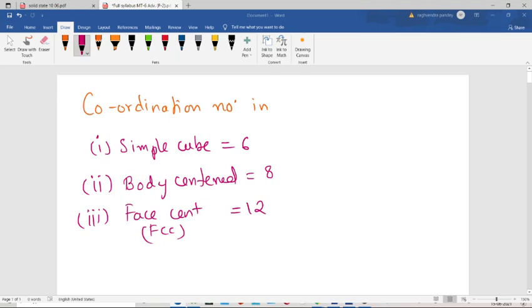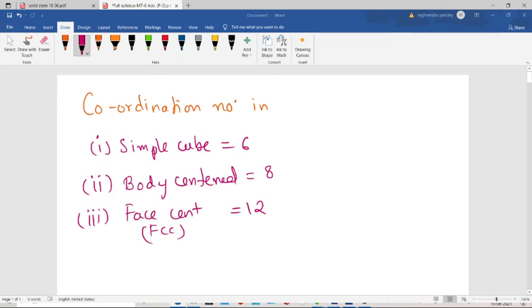What is the answer? 21, yes, this is the answer. 11 by 21. You do all the calculations. R cube cancels with R cube, so that is your 11 upon 21. Because pi is there, it will be 22 by 7, and then you can do all the things there. Everybody will get that.